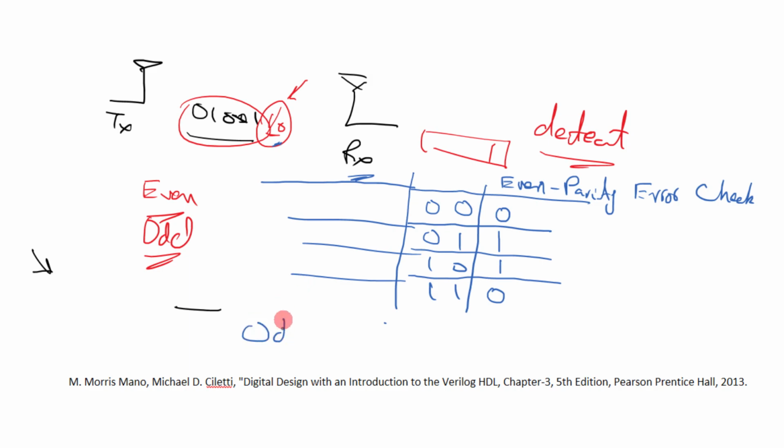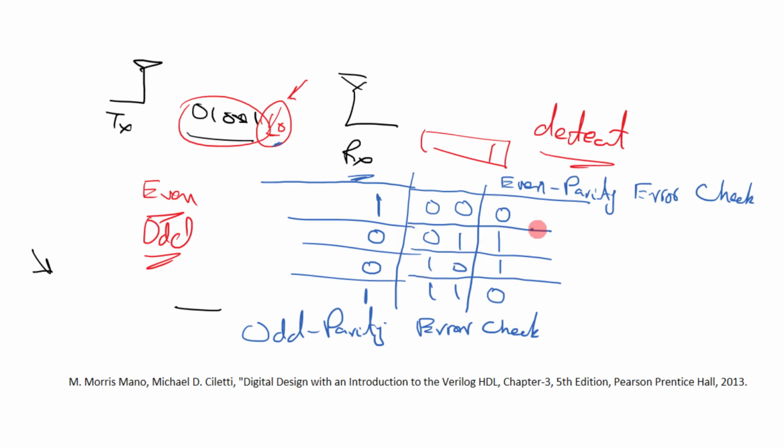Similarly, for an odd parity error check circuit, for 00 this is an error. For 01 you receive an odd number of ones, so there is no error. Similarly, for 10 you also have no error, but for 11 you have an even number of ones, so for this odd parity error check circuit, this is an error.